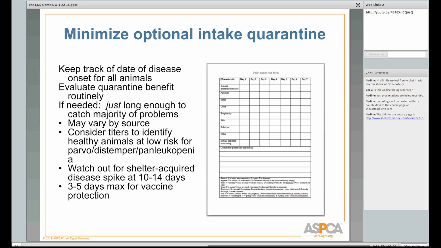Because again, we can't take this idea of just adding a huge hunk of length of stay onto an animal's stay lightly. We can't think that by doing that we're not increasing risk. And so we're constantly trying to move animals through unless we have some very, very good reason to hold that animal back. Does everybody know what I mean by an intake quarantine?